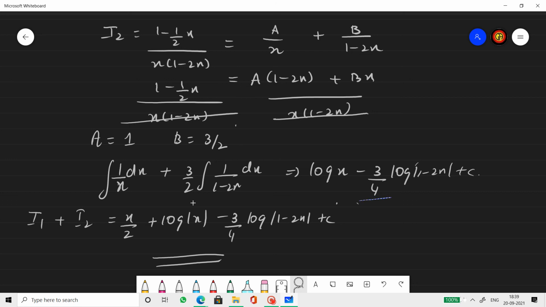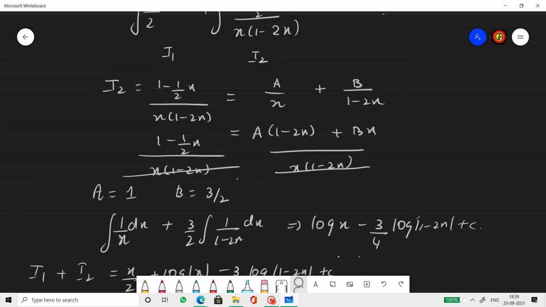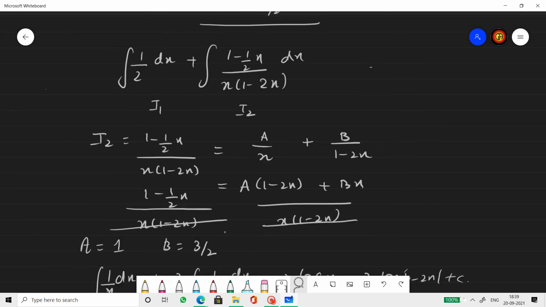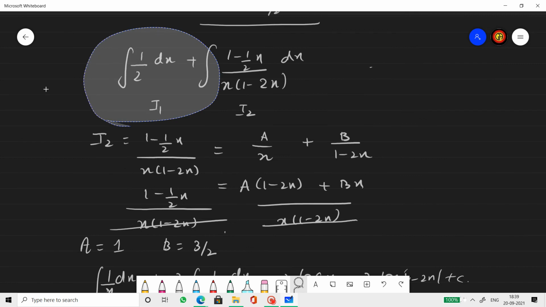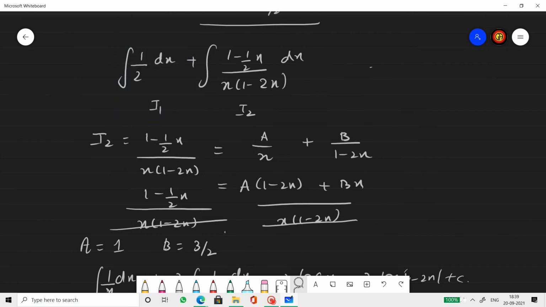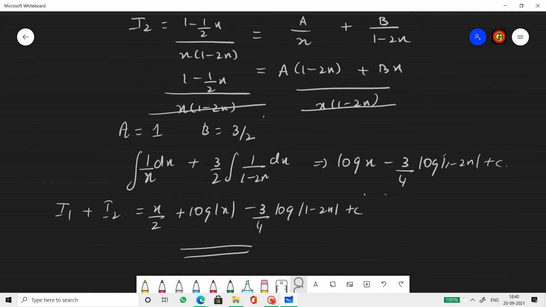So eventually that will take you to minus 3 by 4 log mod of 1 minus 2x. And this is just the answer for I2. I1 is the separate term that we found already. So I1 is integration of this. So that will be x by 2. So at the end, the answer will be like this.